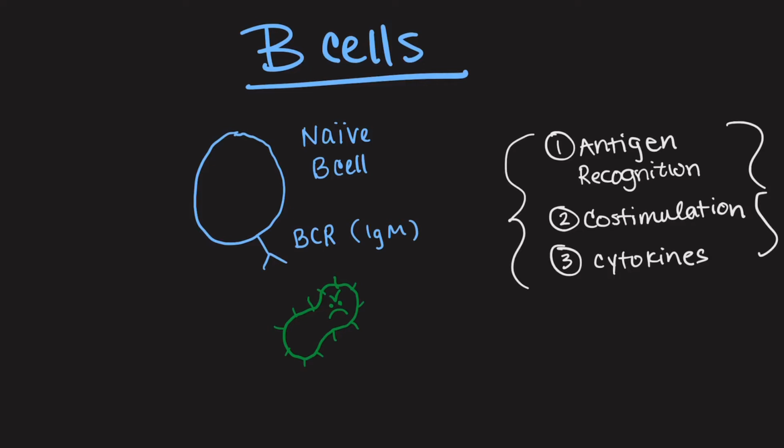And that bacteria is going to stimulate that B cell receptor, and then that B cell is an antigen presenting cell, right? So it can present that antigen on the surface of an MHC class 2.